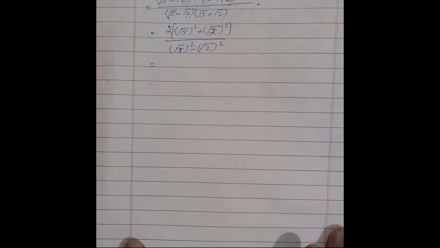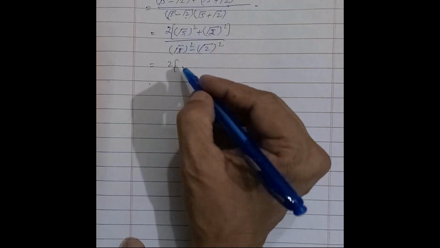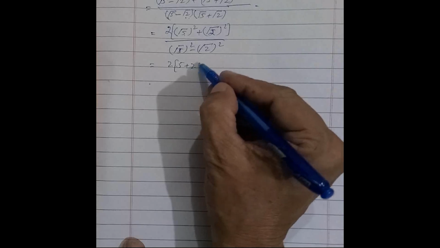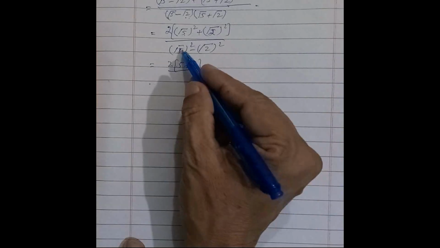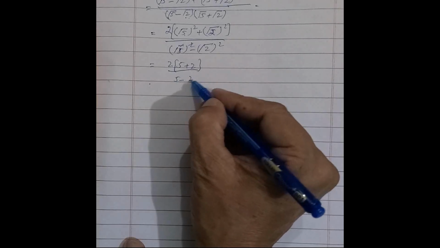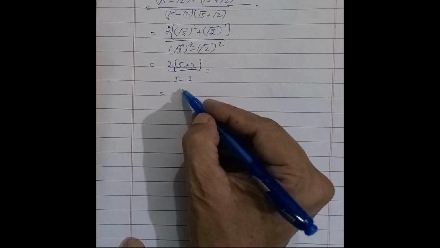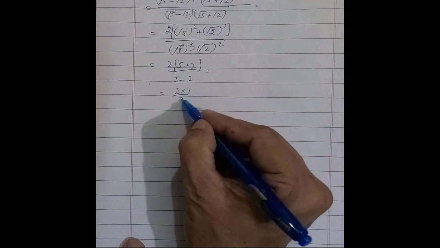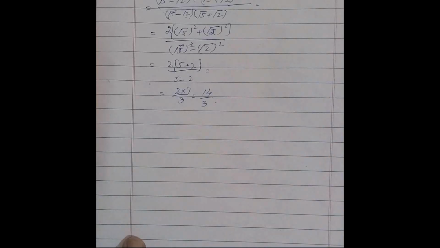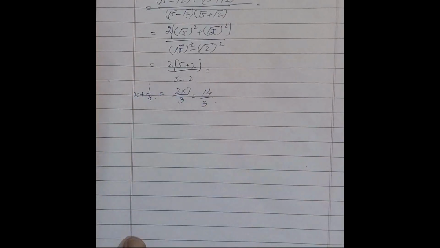Now simplify these values. We have square root 5 whole square is 5 plus square root 2 whole square is 2, and in the denominator square and square root cancel. 5 minus 2 is 3. 5 plus 2 is 7. 2 multiplied by 7 over 3 is equal to 14 over 3. It is x plus 1 over x.